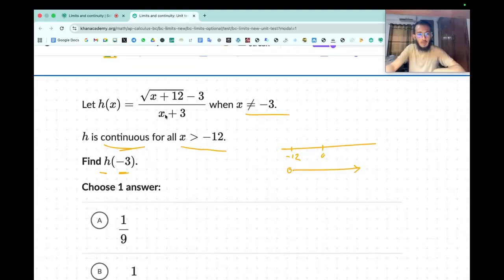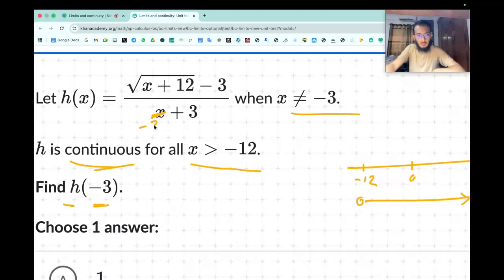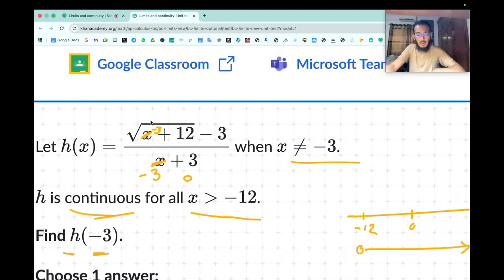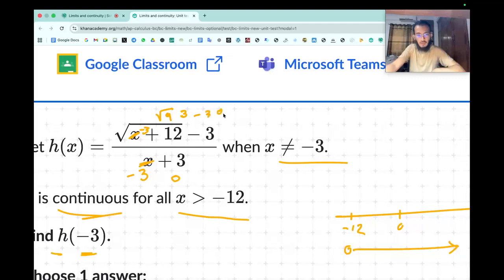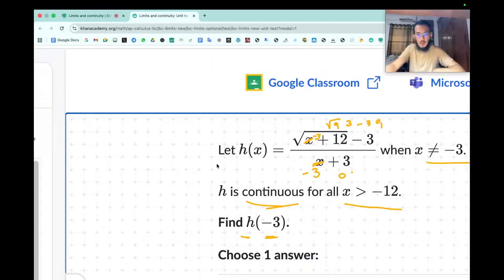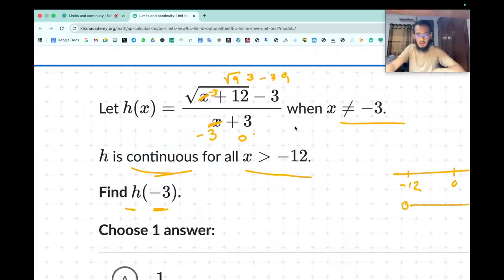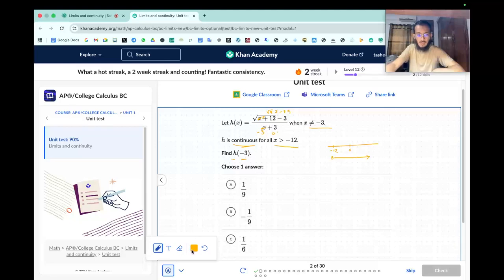But the problem is, when you insert negative 3 here, negative 3 plus 3 equals 0. And if you insert negative 3 here, negative 3 plus 12 is 9, the square root of 9 is 3, and 3 minus 3 is also 0. So you have 0 divided by 0, an indeterminate form.